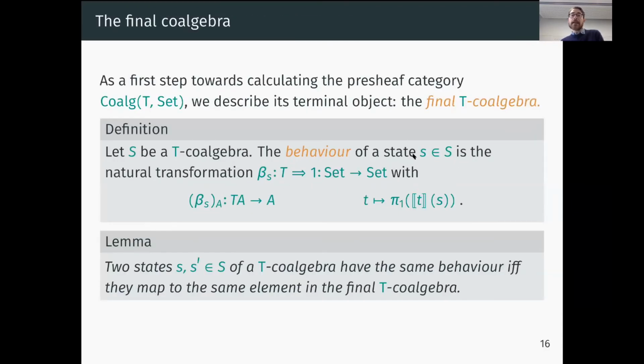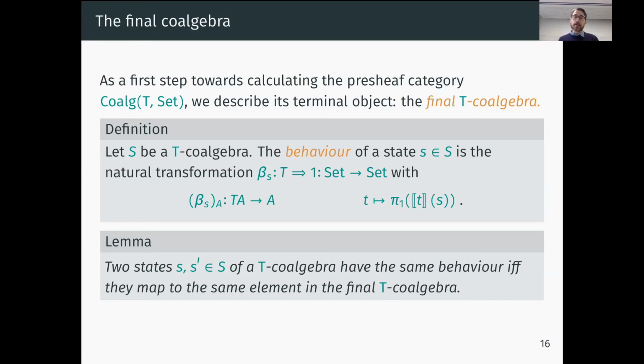And so in general, I can take any state of a coalgebra and assign to any T computation returning values in A the value in A that I get by running that computation starting from state S. And that's exactly the first projection of this interpretation function of T applied to the state S. It now turns out that if I have two states of a coalgebra in Set, then these behaviors, the values in A that I obtain by running any computation from state S or from state S prime, will coincide if and only if my two states map to the same element in the final object of this category of coalgebras.